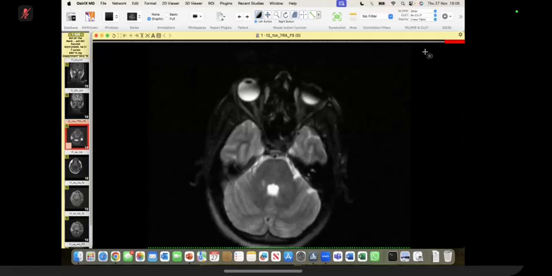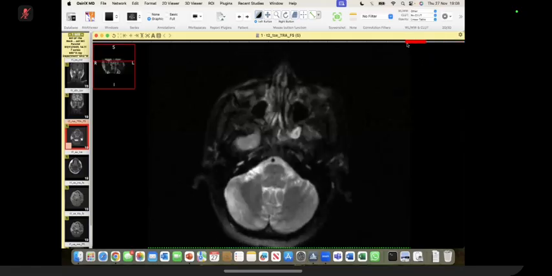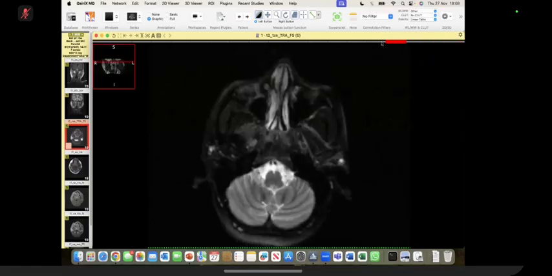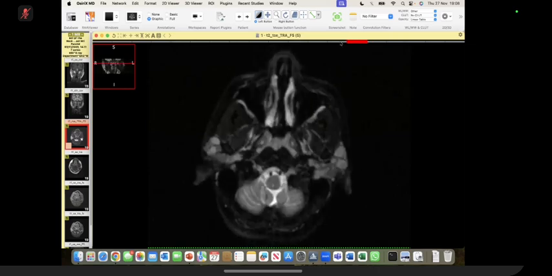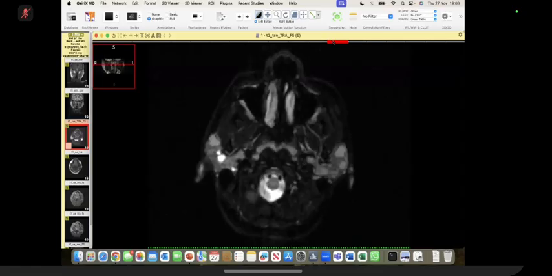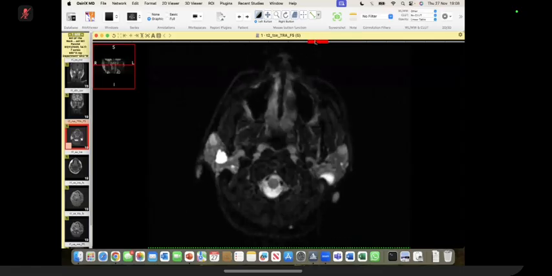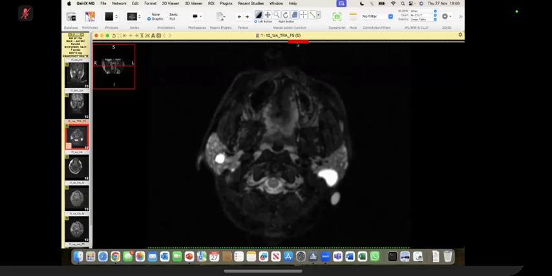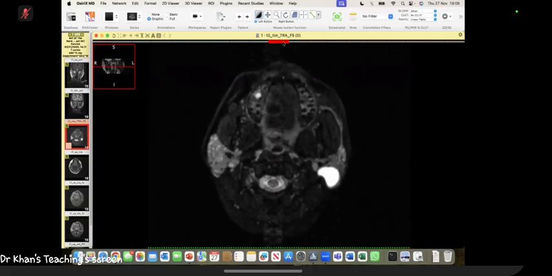So on this provided image, there is evidence of bilateral abnormal signals within the parotid gland with multiple cystic areas. In this case, a possible differential is HIV parotitis. If this patient has a history of immunosuppression, this may be the cause.